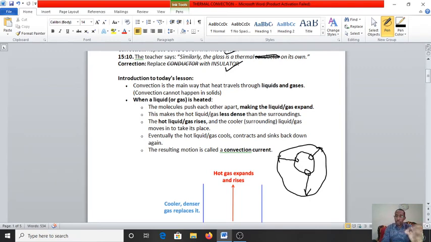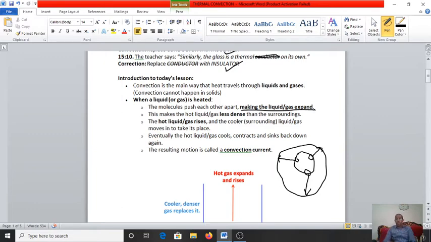So when you heat an object, it undergoes thermal expansion. The molecules push each other apart, making the liquid or gas expand. That's the first point. When the liquid or gas is heated, it undergoes thermal expansion. It expands, and we are saying that expansion is because the molecules move further apart from one another.